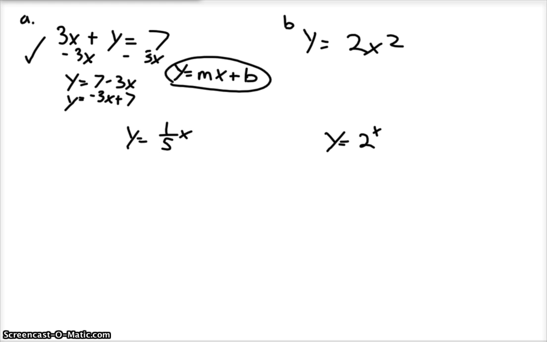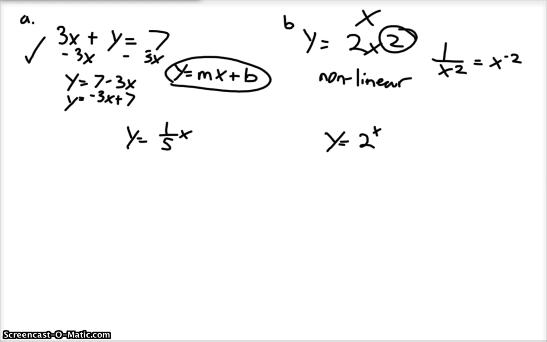Next, here, can we turn this into y equals mx plus b? No, we got this funky looking exponent here. Whenever we have an exponent, or maybe you'll see something like that, which means a negative exponent, this is nonlinear. So we're going to put an x, but I want you to write nonlinear.